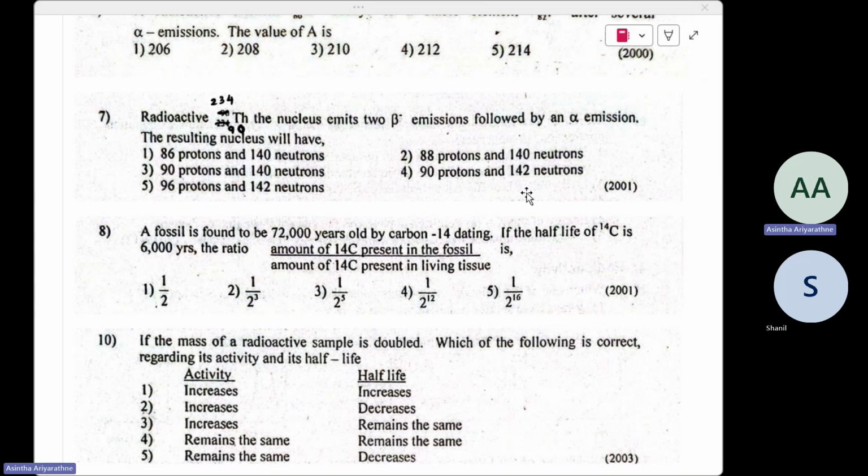A ratio between the amount of carbon-14 present in the fossil and the amount of carbon-14 present in living tissue.